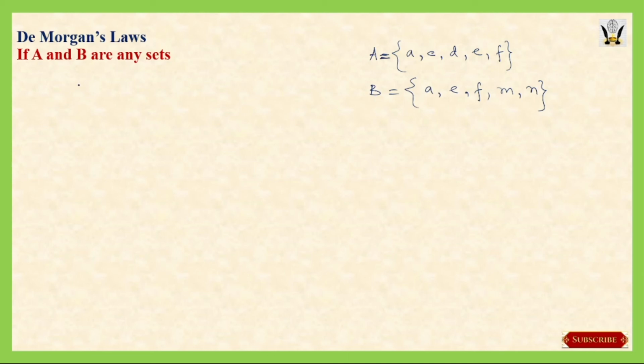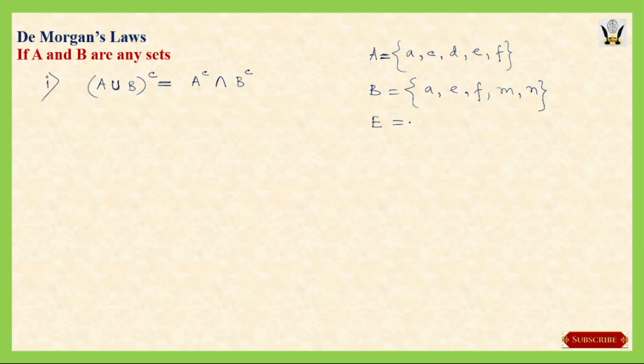Now the De Morgan law says, the first law says that if we perform union operation between 2 given sets, and then of that resultant set if we take the complement, then it will be equal to the intersection between the sets which are itself the complement of those individual sets. So we can verify this law or this result with these sets.